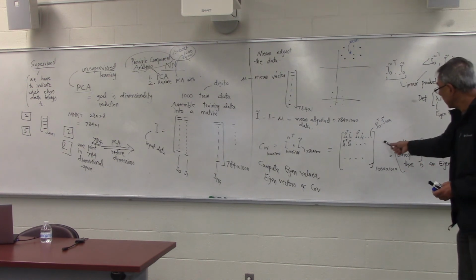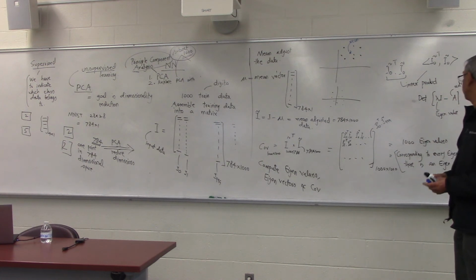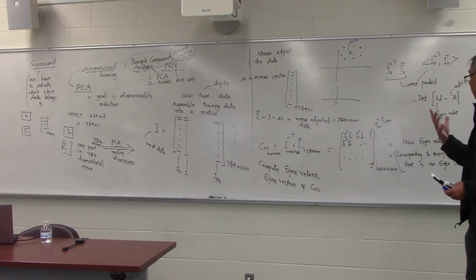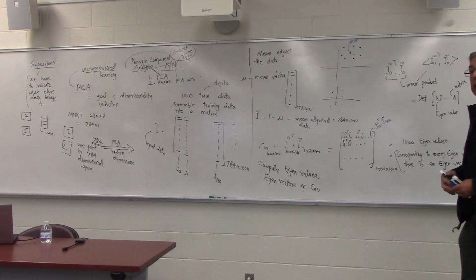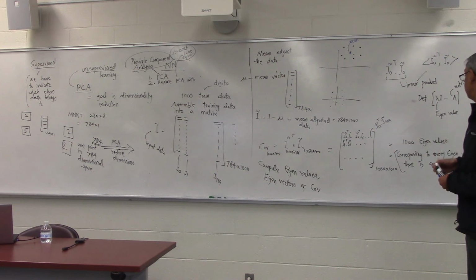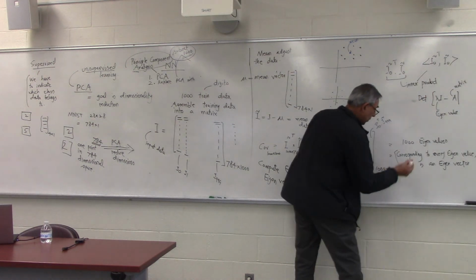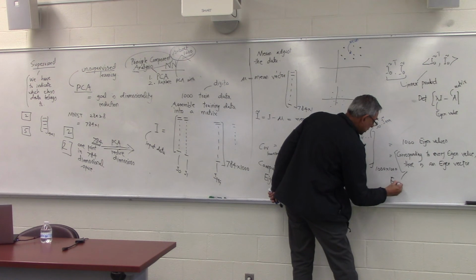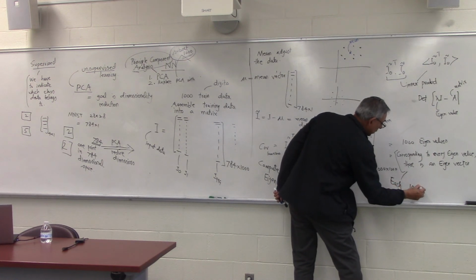So in this example, as we discussed, there will be 1,000 eigenvalues and 1,000 eigenvectors. Each vector will be 1,000 by 1.